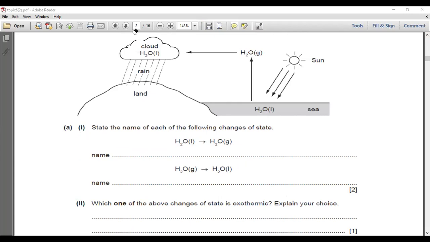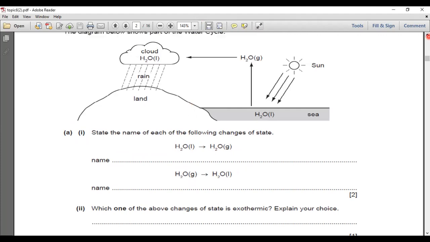Start in your chat box. Very easy, guys. Guys, from liquid to gas, what is this? In the chat box, no need for WhatsApp.